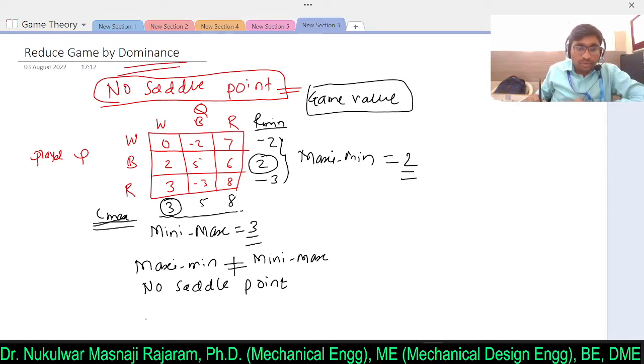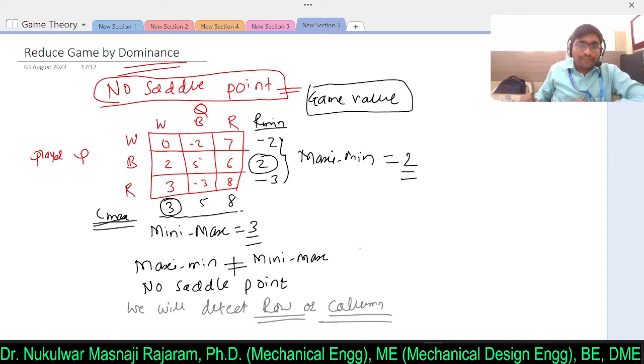In the principle of dominance we delete a row or column. So what is the criterion? Suppose we play for player P, the rows are the three different strategies.